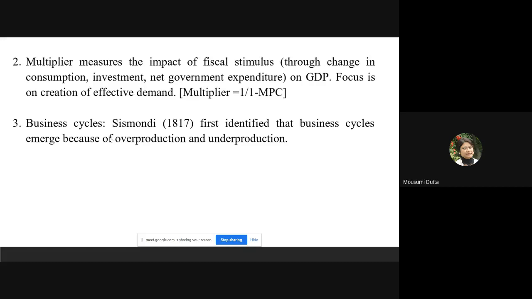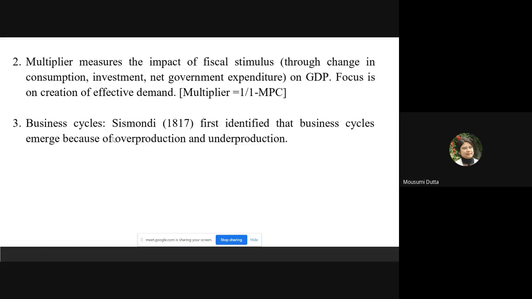If you improve consumption expenditure, that directly increases demand in the economy. And in the acceleration principle, we discussed how investment can be improved. Or you can give subsidy or reduce tax directly, or government spends or takes policies to improve consumption or investment. So the focus is on creation of effective demand.